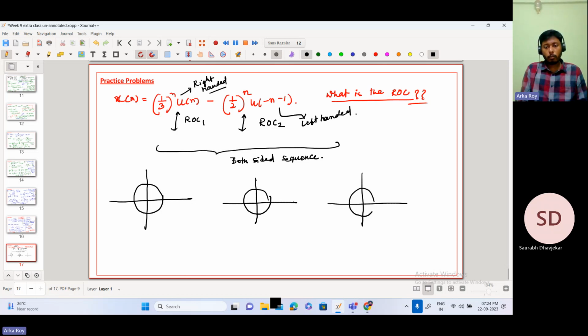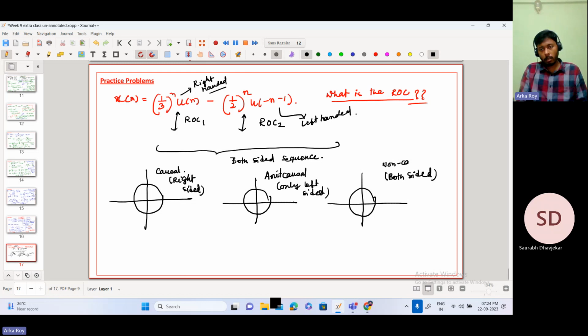In Z transform, we had seen that if a signal is causal or right-sided, then the ROC is outside; if the signal is anti-causal, that means only left-sided; and if the signal is both-sided, we call it non-causal.